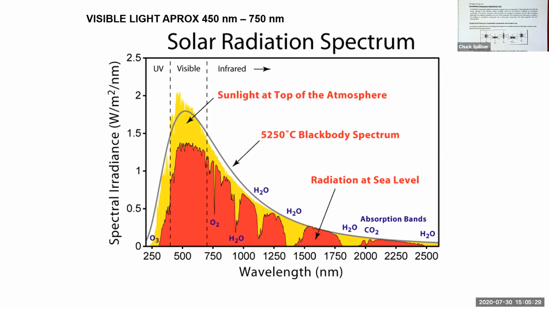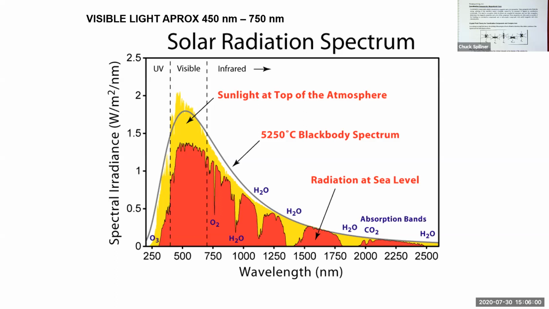And so the solar radiation that we get here on Earth is filtered. It has to go through the atmosphere. And there's some UV light, which is from a wavelength of less than 250 nanometers up to about 450 nanometers. And then visible light occurs. Visible light is the light that our eyes are sensitive to.